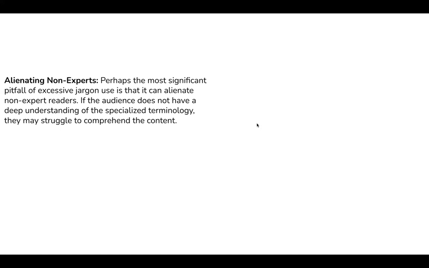So as I said before, it's a double-edged sword and can hurt your writing, right? So one of the disadvantages is alienating non-experts. This is the most significant pitfall of excessive jargon use, because it can alienate non-expert readers.